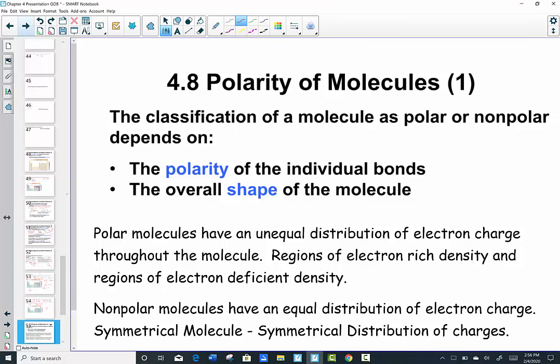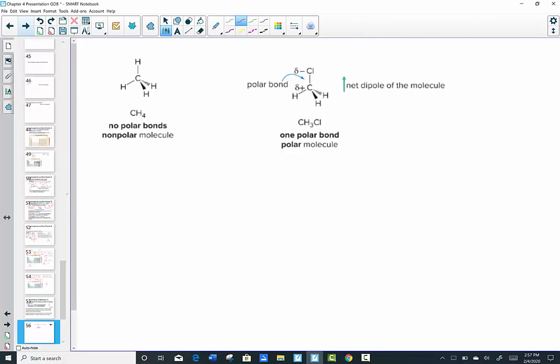If I stand in the center and I look out in all directions, are they all the same or are they different? Nonpolar is a completely symmetrical molecule. And if you see anything unsymmetrical, something more interesting in one area than something more boring in the other, then you're going to look at some polarity of that molecule.